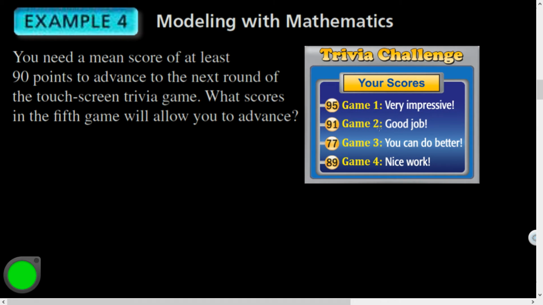It'll be good. All right, you need a mean score. Does anyone know what that means? What's mean mean? Oh, that's a good guess, though. Especially with the rest of the sentence.